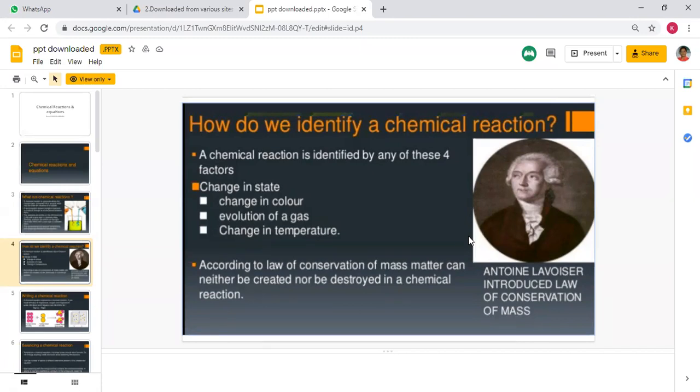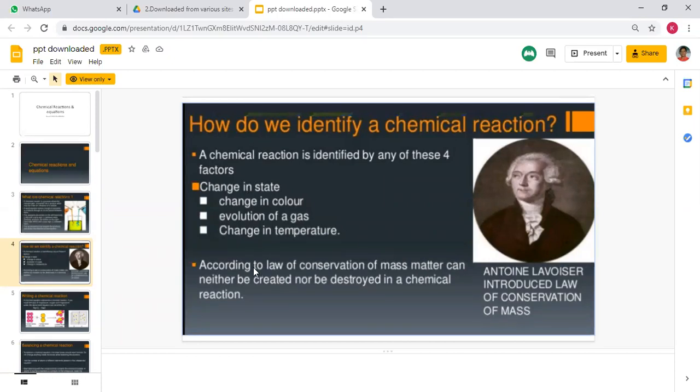Okay, so this is the particular important point that I want to bring to your notice. A chemical reaction is identified by any of these 4 factors. Now this is the important part. Any of these. It may be change in state, change in color, evolution of gas, change in temperature, right?